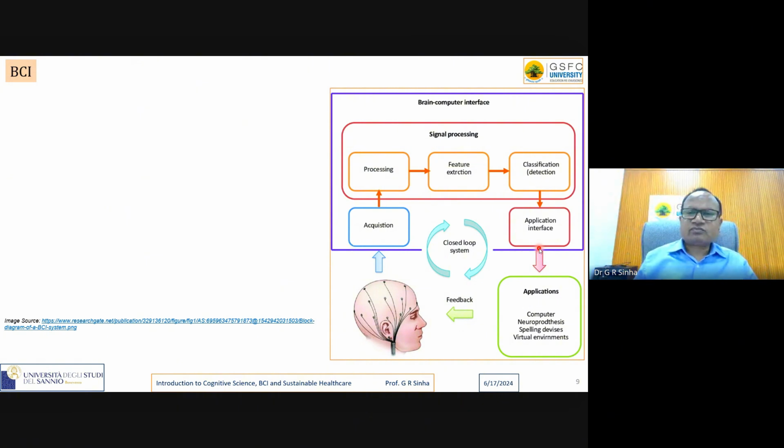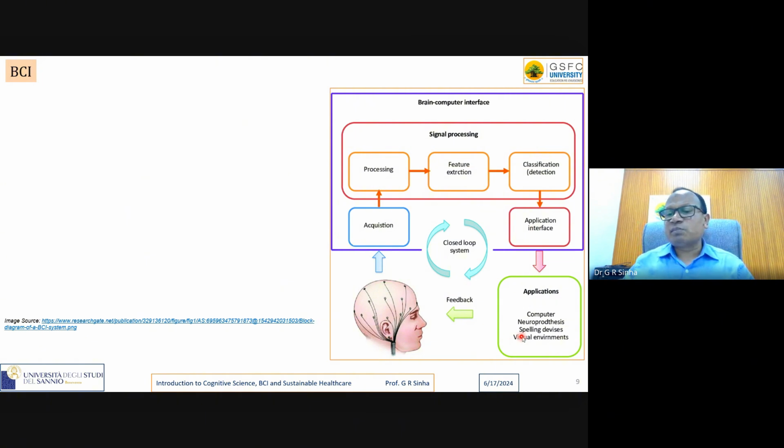So let us start with the second term, BCI, brain computer interface. In a brain computer interface diagram, there is a major component called signal processing. Before signal processing, signal acquisition is there, and after signal processing, the application interface is there.